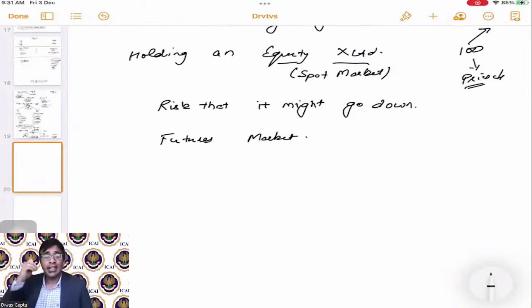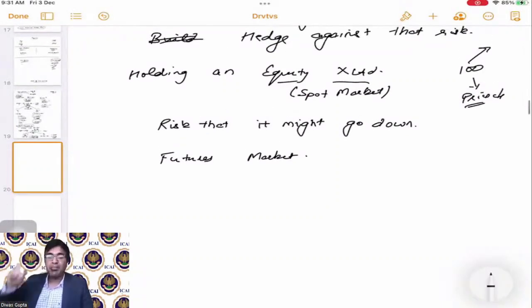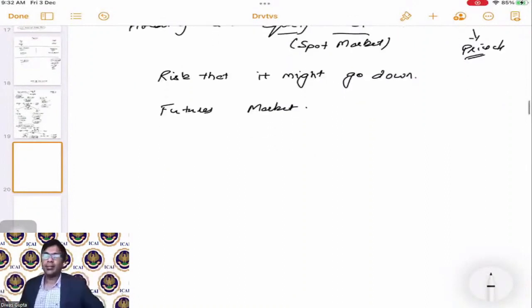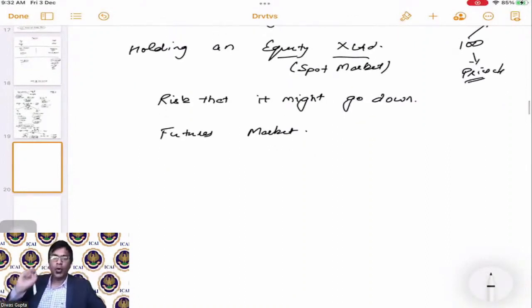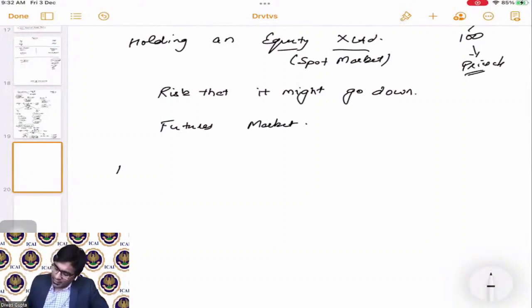Now, can anyone tell me in futures market, what should I do so that if price goes down, I gain in futures market and I lose in equity market and I'm protected? You're getting my point. I hope the situation is clear. Here the risk is price going down.